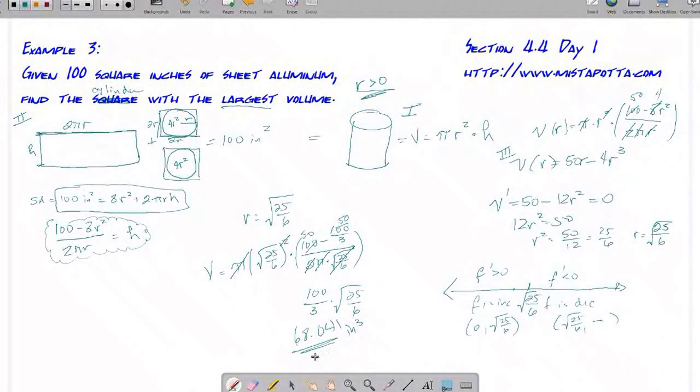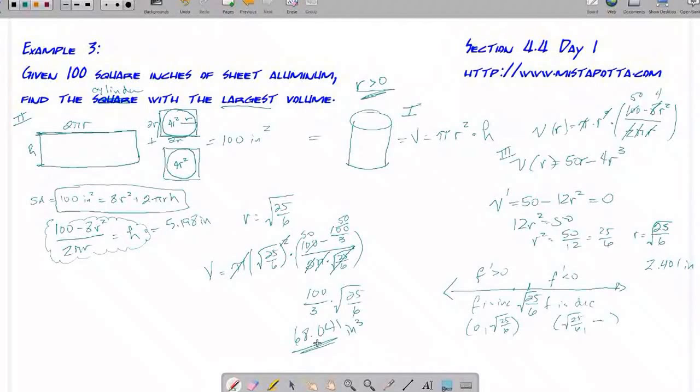So this ends up being the volume of my cylinder. My radius of square root of 25 over 6, this is really 2.401 inches. And my height, when I substitute into this expression over here, my height ends up being 5.198 inches. So I've got a can that can hold 68 cubic inches. Remember that a gallon is about 231, so this really holds about a quart of material.